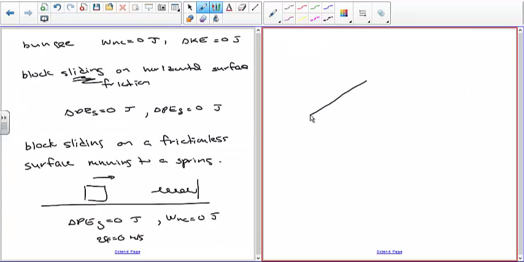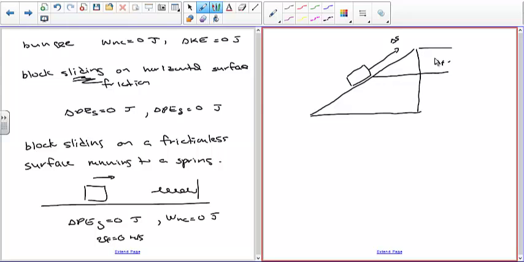If you have something going up an incline like this, it's kind of like the second problem, block sliding. So what you have is some movement up here, delta S, and you're going to have some change in height, H final minus H initial, which is going to be positive in this case.